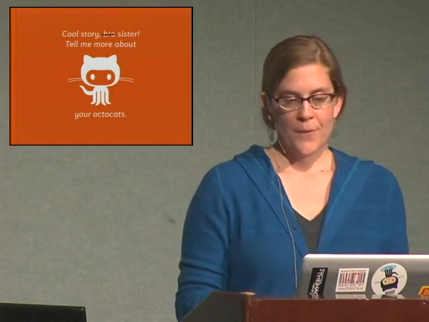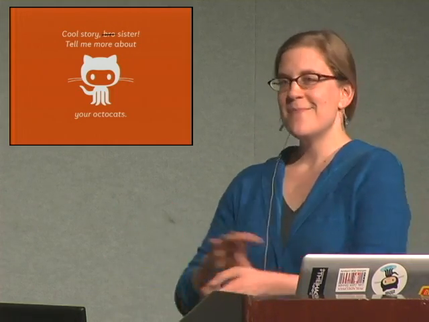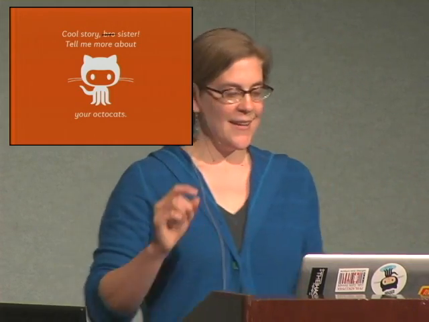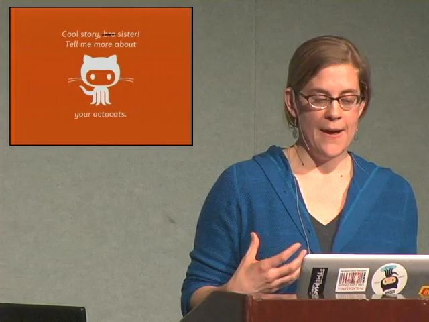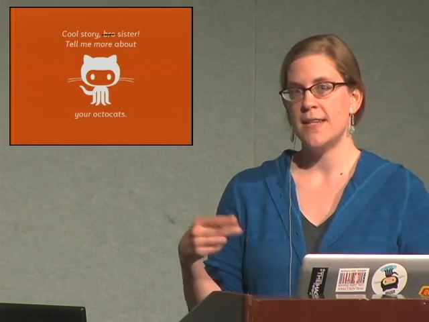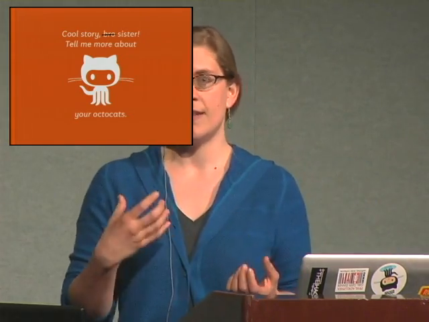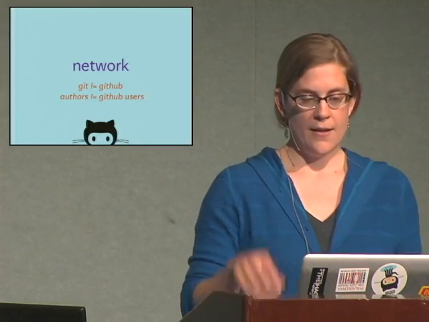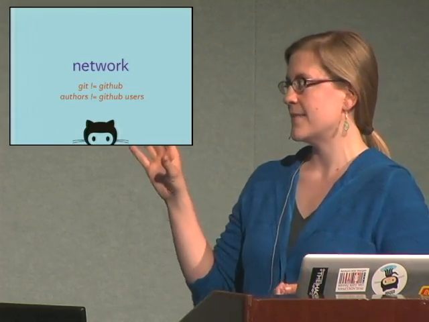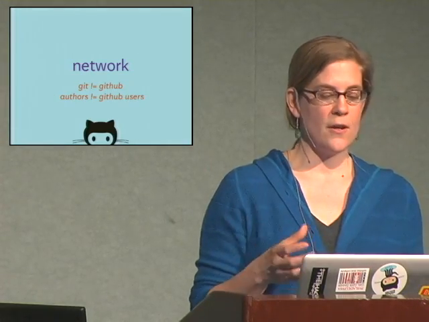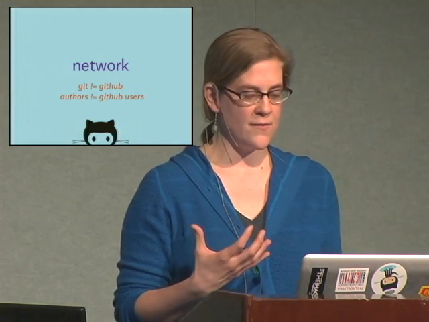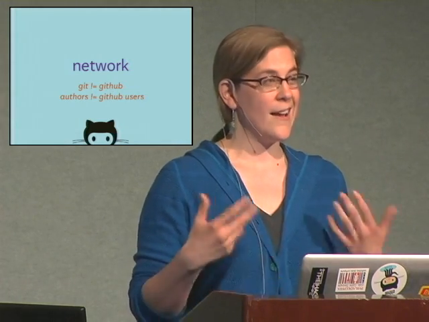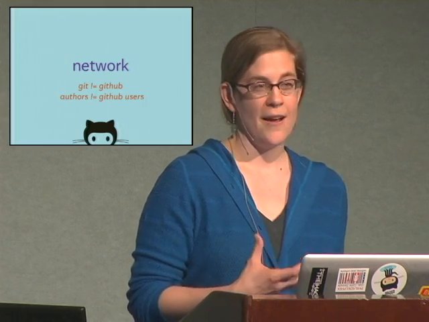Okay, so that's only one part of the story. Git repositories contain a ton of information, but there are some things that we wanted to get through the API that you couldn't get from the repository. This is an important thing to understand. You clone a repository, you get all of this great information that Git gives you, but you don't get this extra great stuff that GitHub adds.